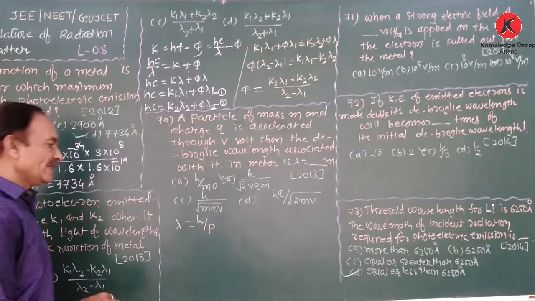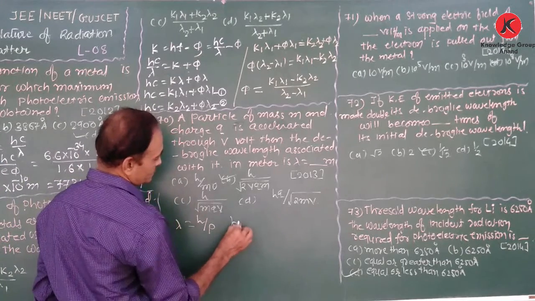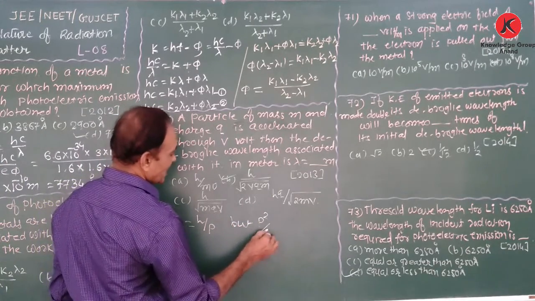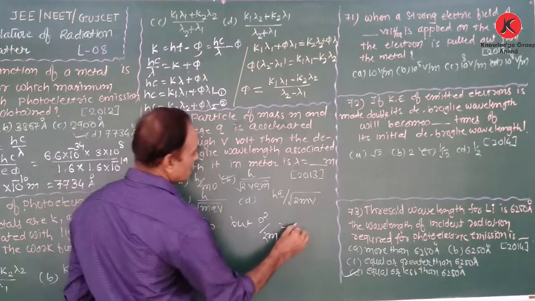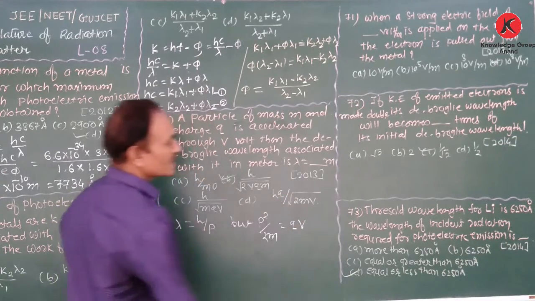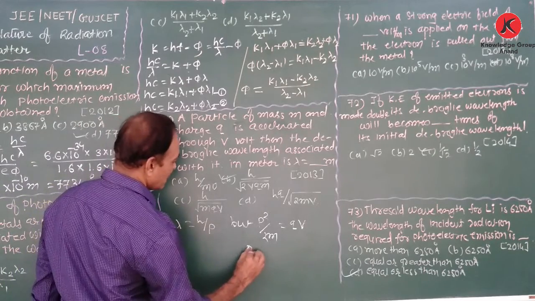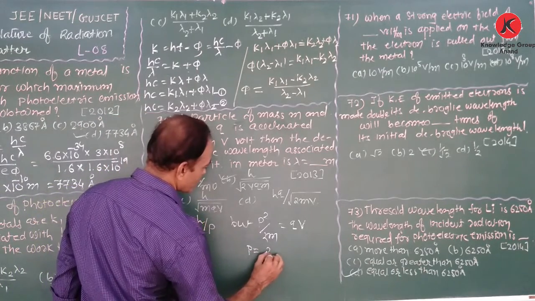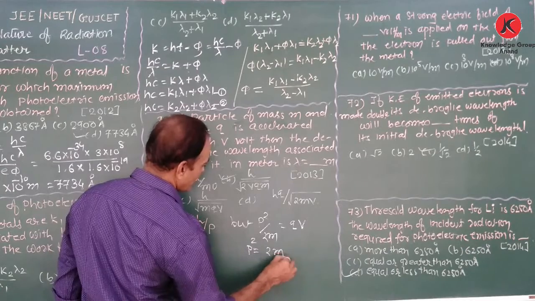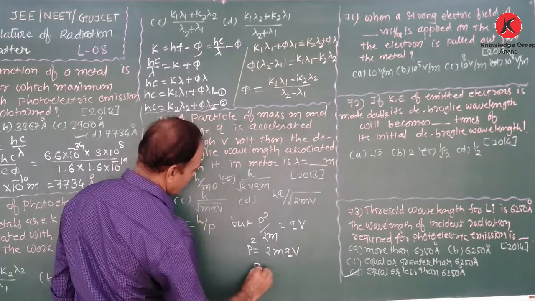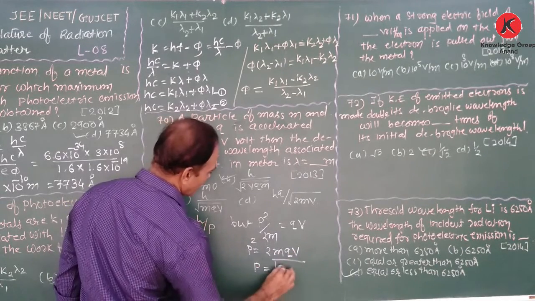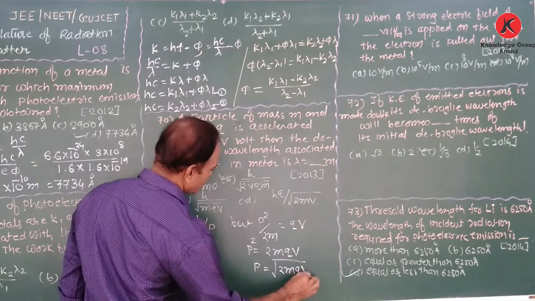Now we know that kinetic energy, p square upon 2m, is equal to qV. Therefore, p square is equal to 2mqV. Therefore, p is equal to under root of 2mqV.